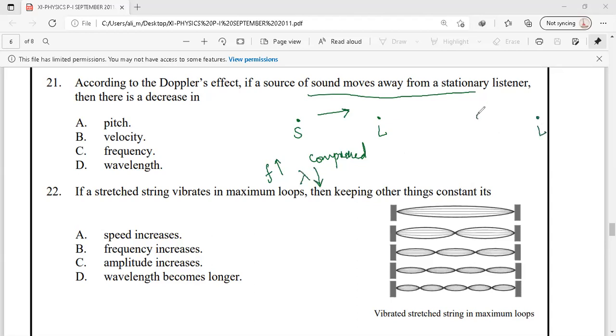Vice versa, if the source is moving away from the stationary listener, the sound waves are expanded, so frequency decreases and the wavelength increases. So we have to find which factor will be decreased when a source of sound is moving away from the stationary listener.